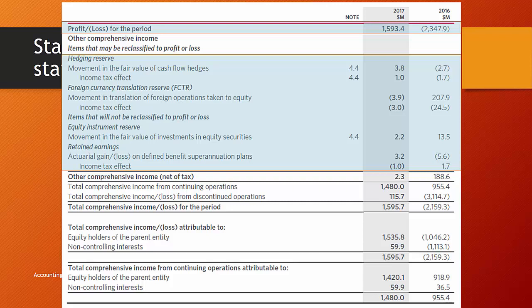And there are things like what happens with cash flow hedges, what happens with foreign currency translation reserves, what happens around fair value movements in equity securities, defined benefit superannuation plans, any actuarial gains or losses. We're talking about some of these, I'm not going to say accounting minutiae, but accounting things which the regulators didn't feel fit neatly into profit, but we still need to show that there is an effect.